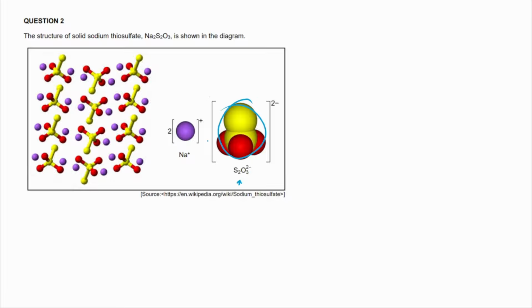But over here, this is a polyatomic ion with the sodium, and you can see we have electrostatic forces of attraction because of the charges. So this is actually an ionic substance overall. But if we just look within the thiosulfate, this thing's called thiosulfate, it's actually a covalent bond.